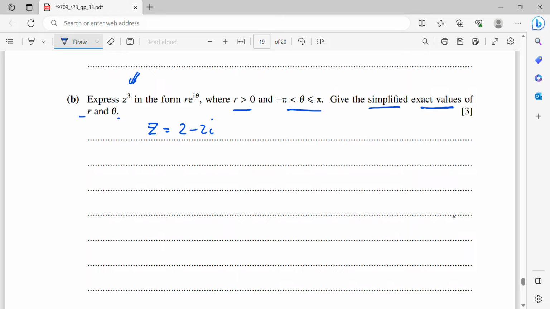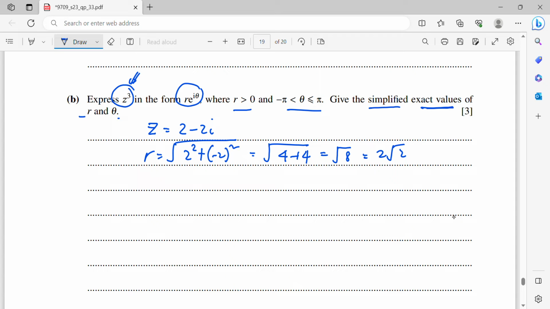In order to get z cubed in re to the i theta, I will express my complex number 2 minus 2i in re to the i theta first. So now my r is the square root of real part squared, which is 2 squared, plus imaginary part squared, which is the square root of 4 plus 4. Then I will get square root 8, which is basically 2 square root 2.